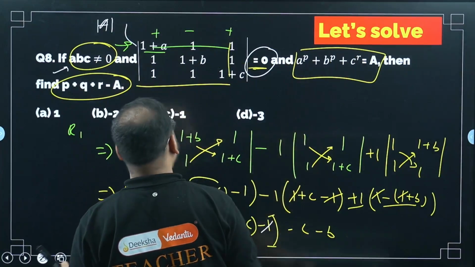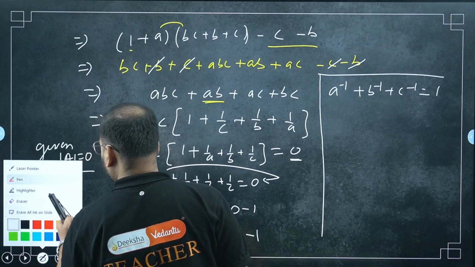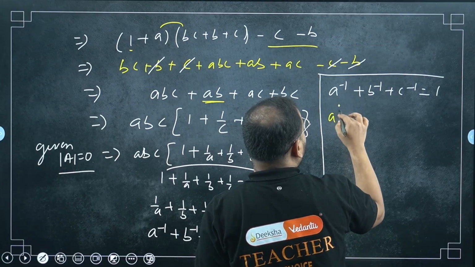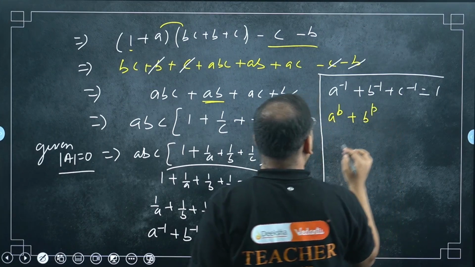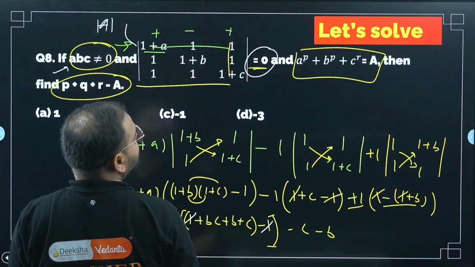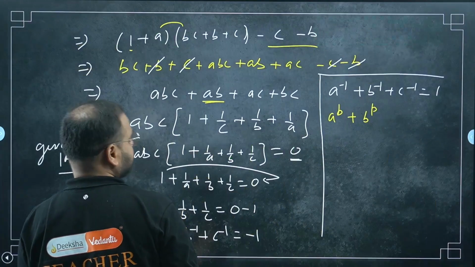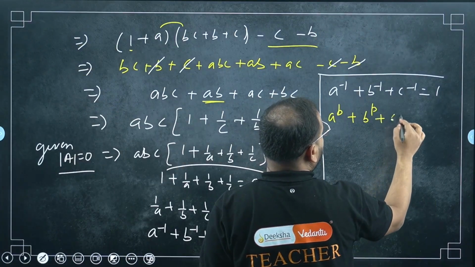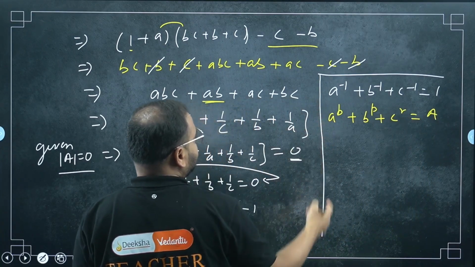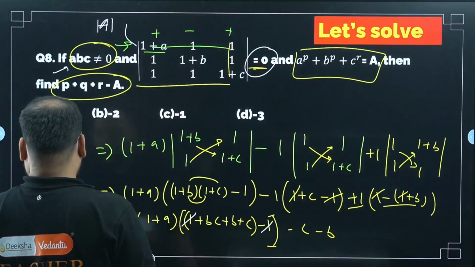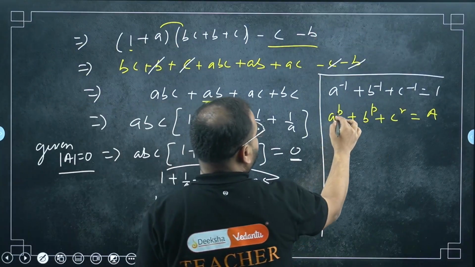Their given condition, please check here: A power P plus B power Q and C power R equals A. If you compare this, what are you getting?